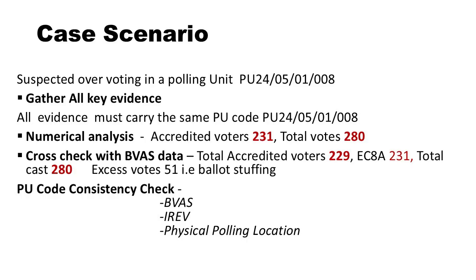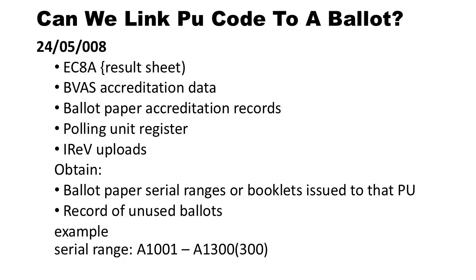So the PU code consistency check must be constant in all these, with the BVAS, with the RF, and the physical polling location. Now, because of time, let's move ahead. Before we go to that one, we may ask the question, can we link a PU code to a ballot?